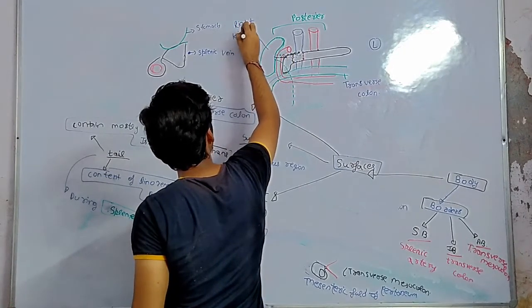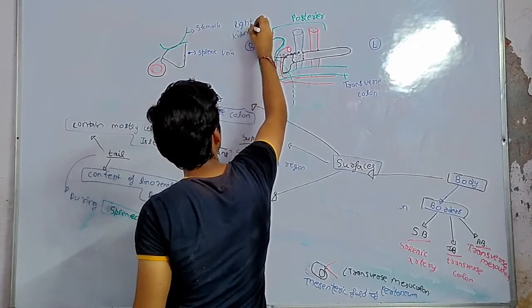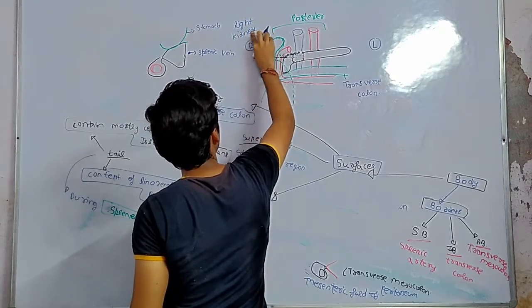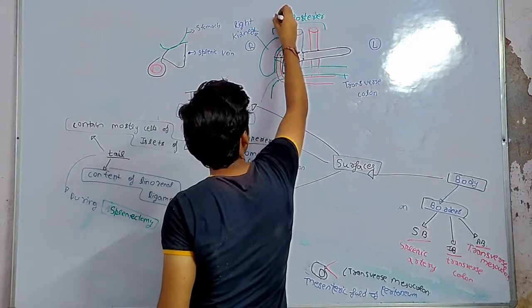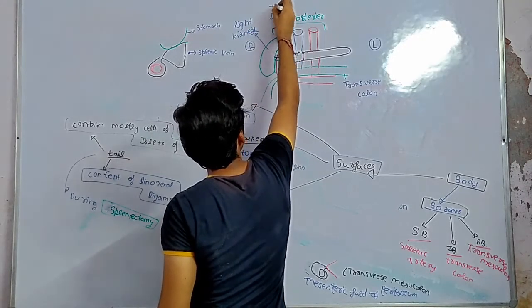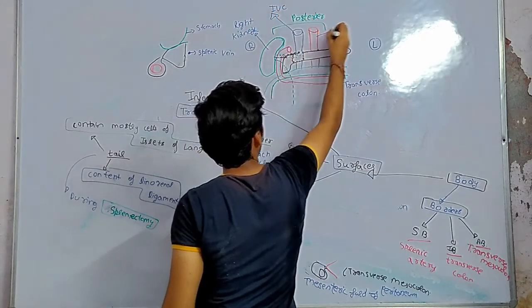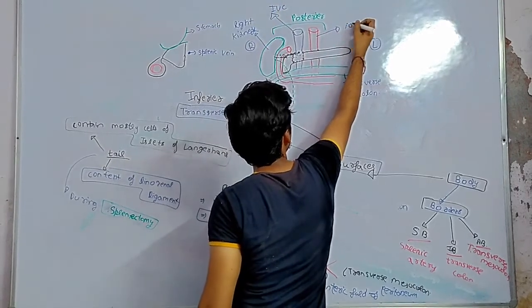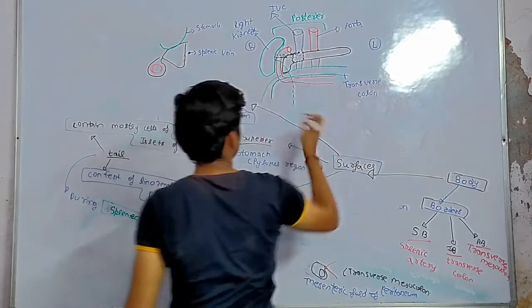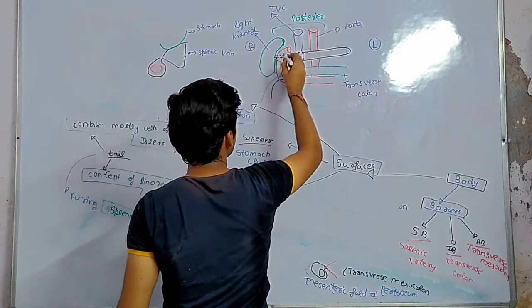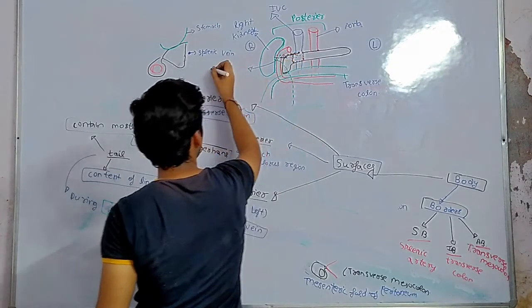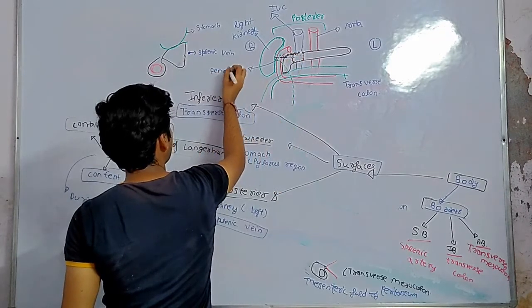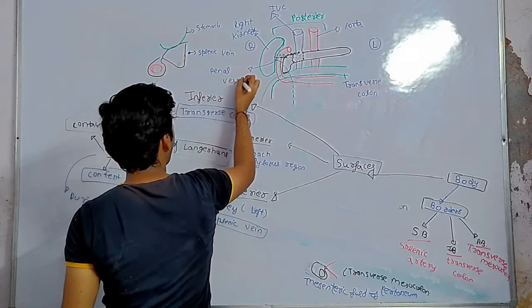If we label this diagram, this is the IVC, abdominal aorta, and these are the renal vessels, renal artery and renal vein.